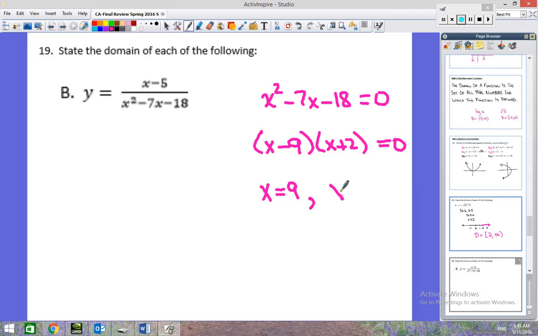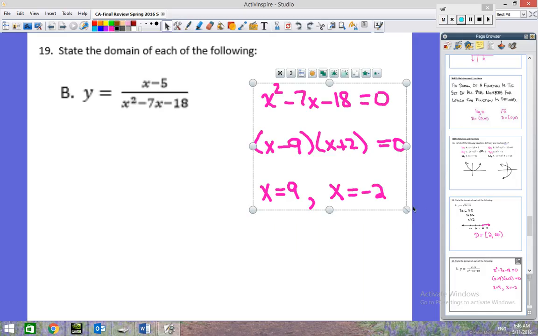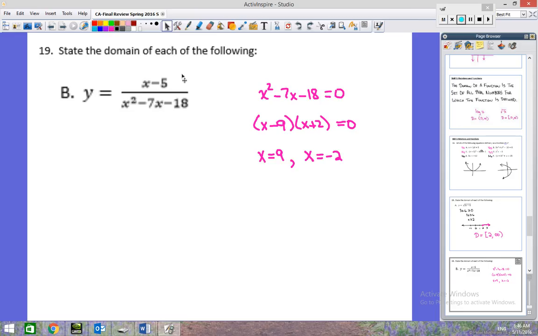Over here, x is equal to negative 2. So in my scratch work over here, I have equality, but what I really want is to say, don't let x be equal to those values. What I really want is a not equal to. I really don't want that.